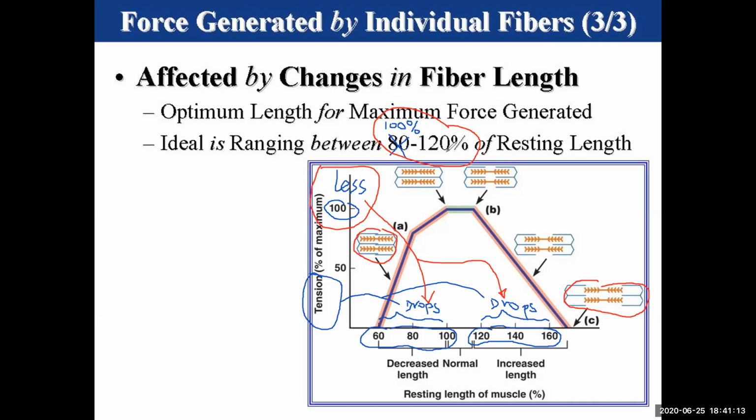And this serves another purpose. When the heart is filling with blood, incoming blood will stretch its wall, meaning it's going to stretch out the heart. By stretching out, you're allowing the cardiac muscle fibers to stretch to their optimal length, and then they contract. When they contract, they can generate maximal tension and efficiently pump blood out of the heart. So we'll come back to that concept when we talk about cardiac muscle fiber contraction.